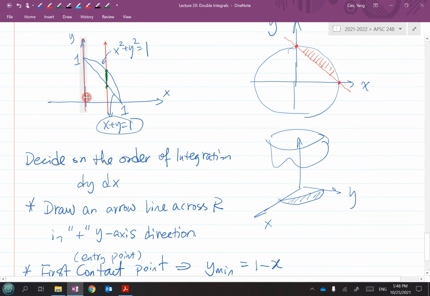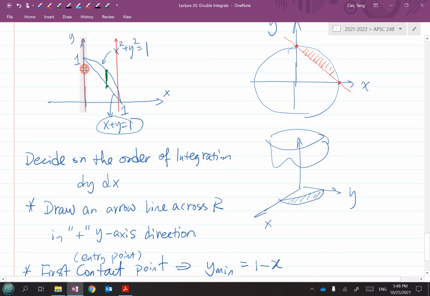You start from one end of this region R, then you move all the way in the positive axis direction to go across the region R. As you're moving, you find here's one end of the region R, here's another end of this region R. The two ends of the region R, which of course are determined by the geometry of the region R, will give you the so-called x min and x max.